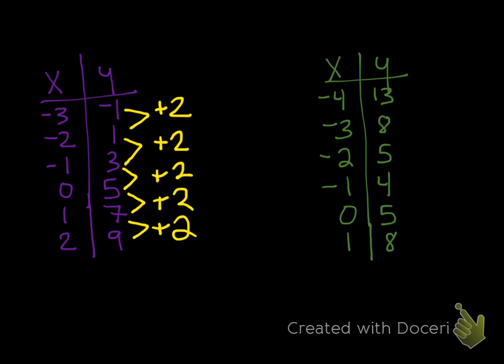So this is what we call a linear function, right? Because it has a constant difference, right? So remember we talked about slope is your change in y over your change in x. So this is going up by 1 every time.